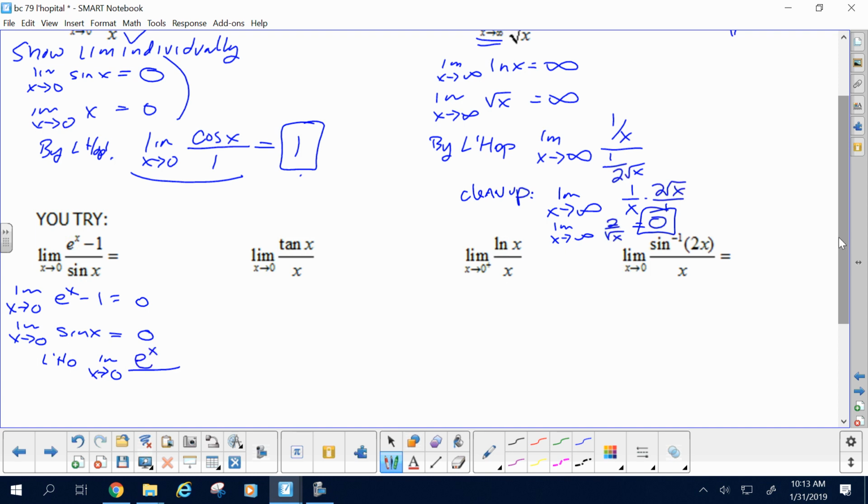E to the x is the derivative of the numerator over cosine of x is the derivative of the denominator. Now evaluate the limits. As x goes to 0, e to the x goes to 1, e to the 0 or 1. Denominator, cosine of x goes to 1, and so the limit is 1.